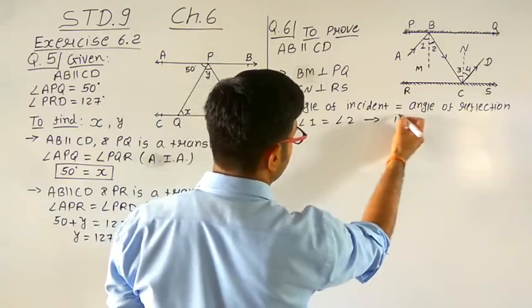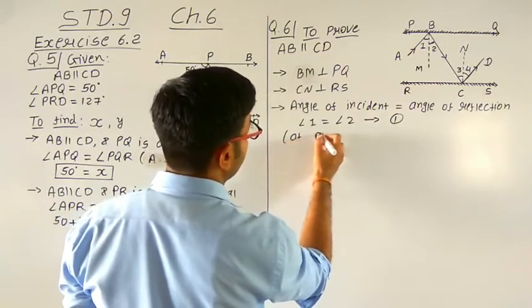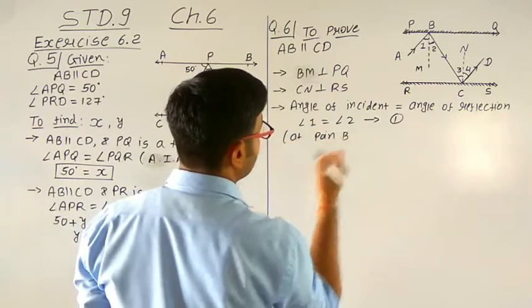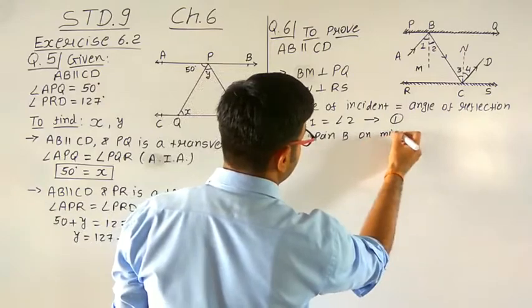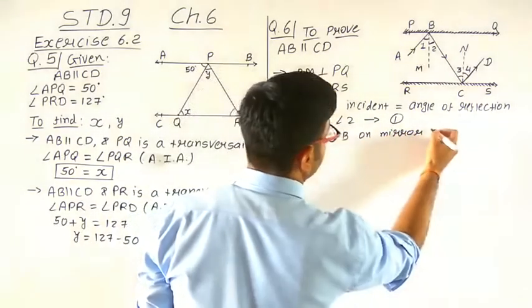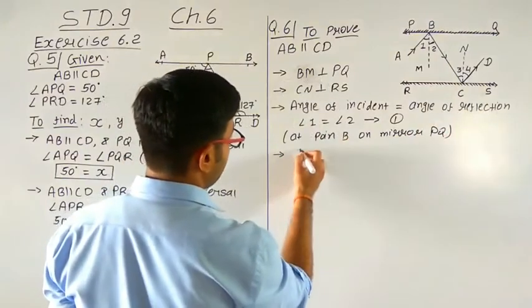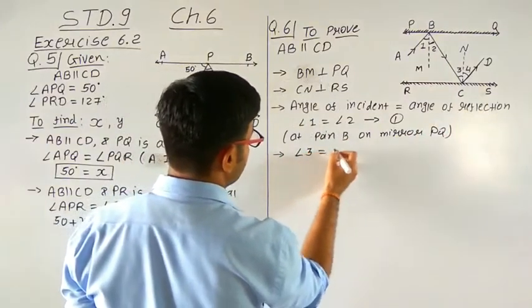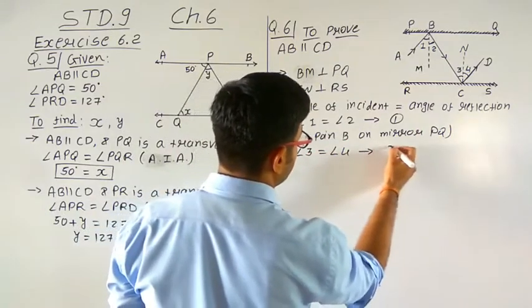Give it equation number 1. This is at point B on mirror PQ. In the same way, we can also write that angle 3 is equal to angle 4. Give it equation number 2.